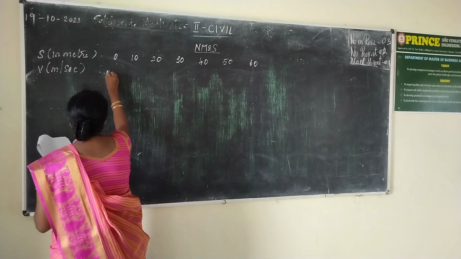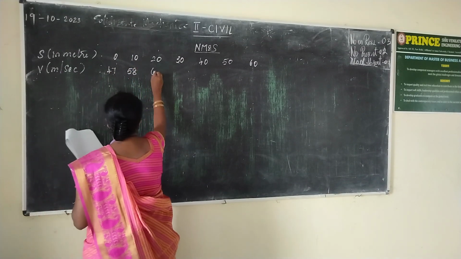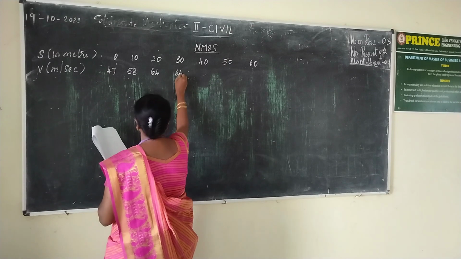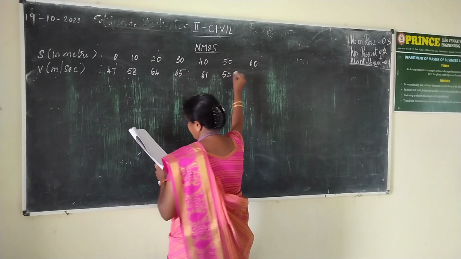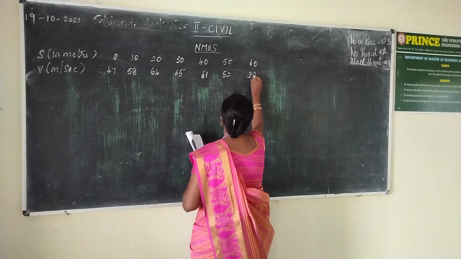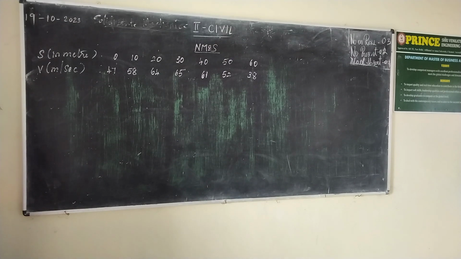Velocity 47, 58, 64, 65, 61, 52, 38. Simpson's rule.